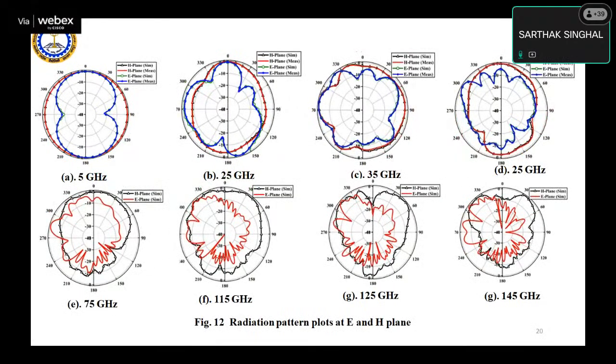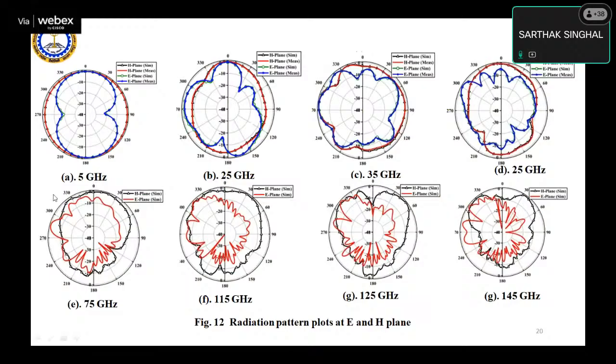These are the radiation patterns in the E plane and H plane. At frequencies like 5 gigahertz, that is lesser than 10 gigahertz, the radiation patterns were omnidirectional in the H plane, and in the E plane bidirectional radiation patterns were achieved.